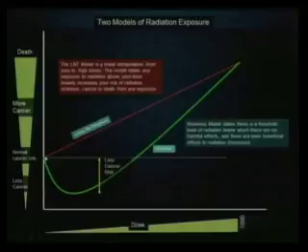The government right now ascribes to the linear no threshold model, which means there's no safe level of radiation. There are a lot of proponents for both of these, but right now the government ascribes to the linear no threshold model.